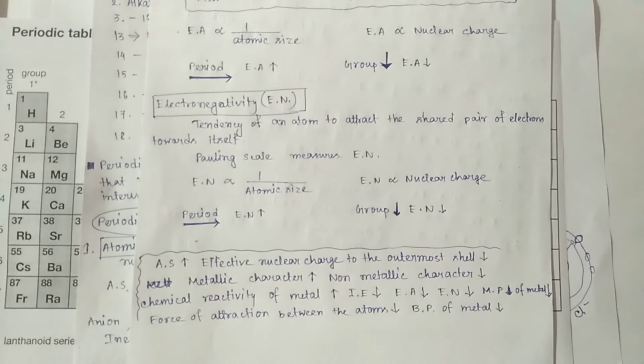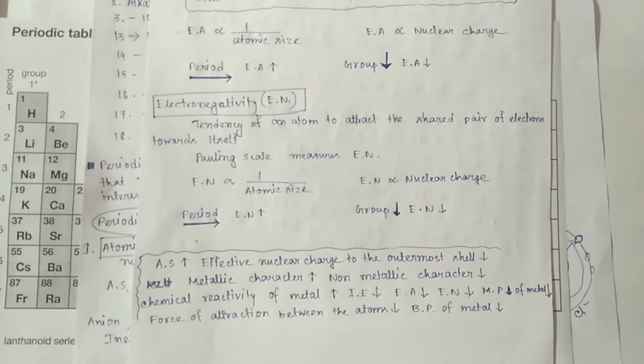Electronegativity also depends on two factors, atomic size and nuclear charge. If we increase atomic size, the nuclear pull of attraction at the outermost shell reduces, and the tendency to attract a shared pair of electrons towards itself will definitely get reduced.